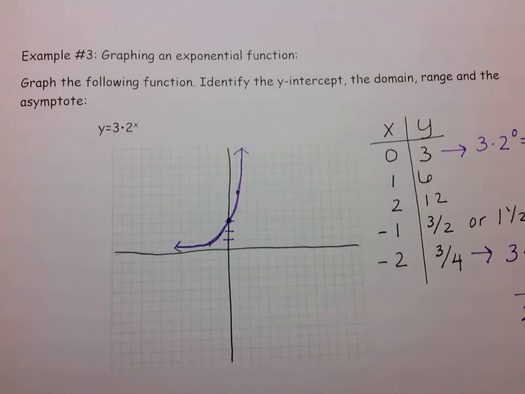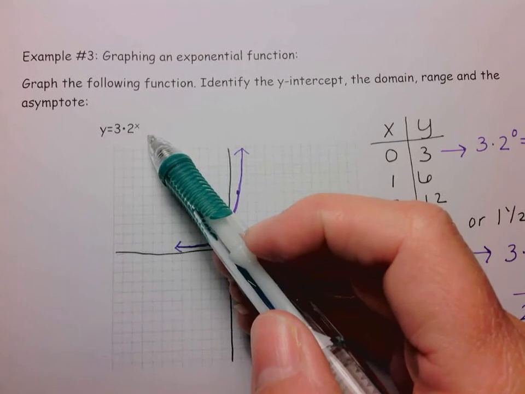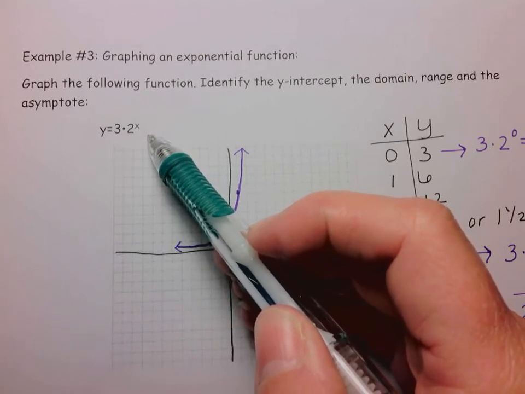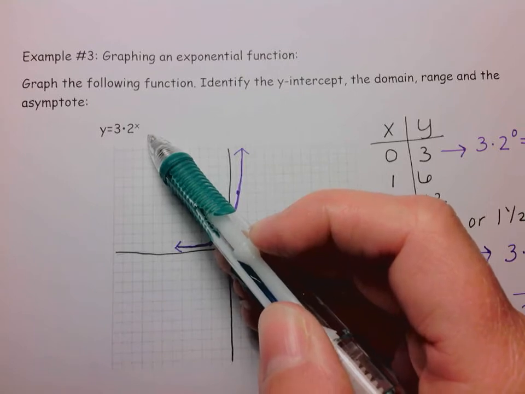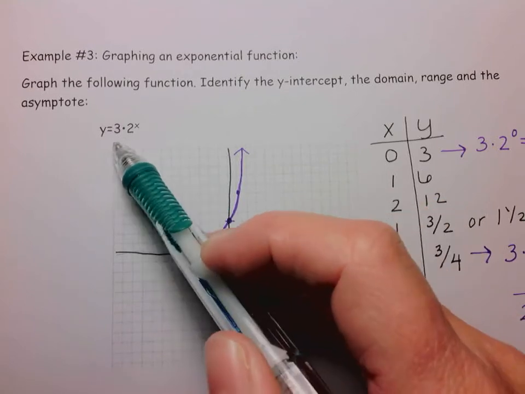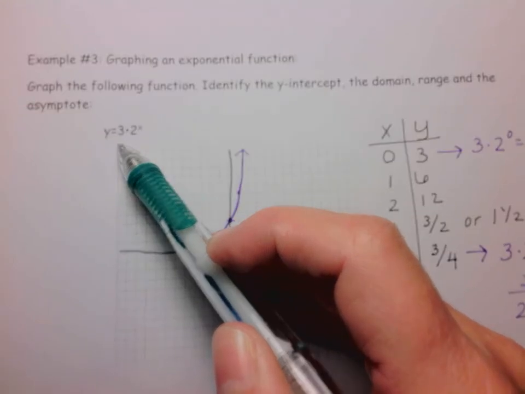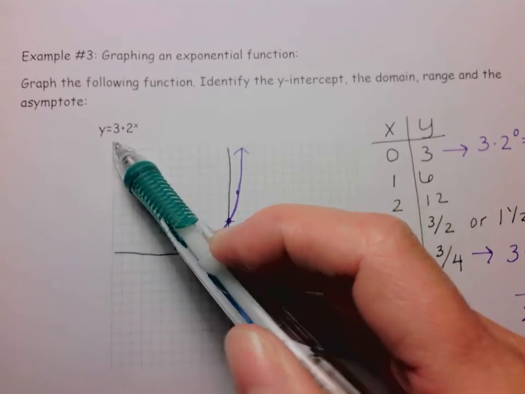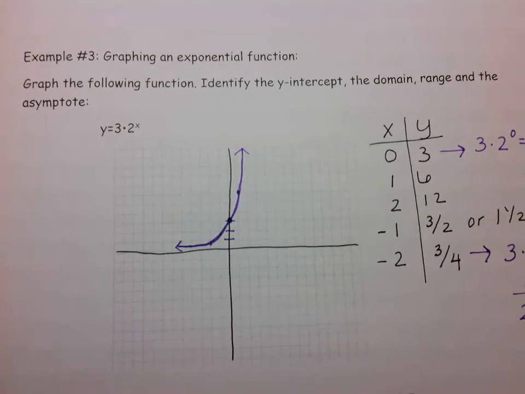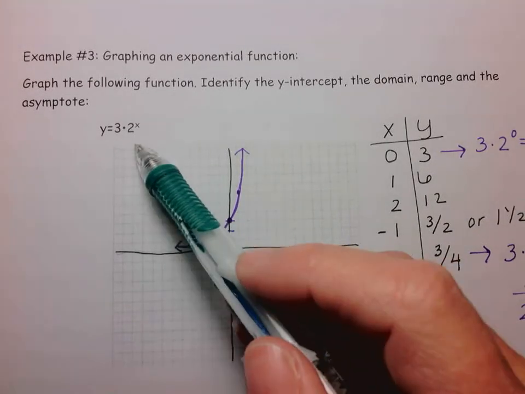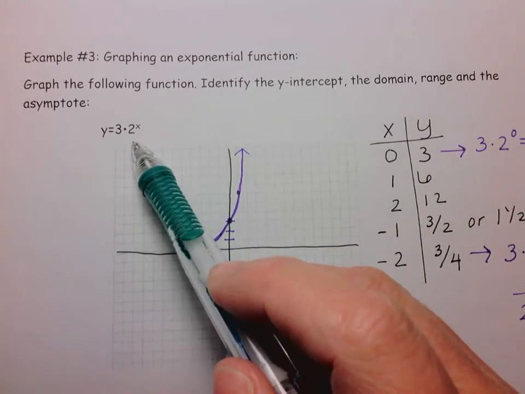So how did I develop the graph for this exponential function? Well, first of all, I know what my y-intercept is just by looking at it. The a is always going to be your y-intercept because it is the value of y when x is 0. When x is 0, this is going to be 1.